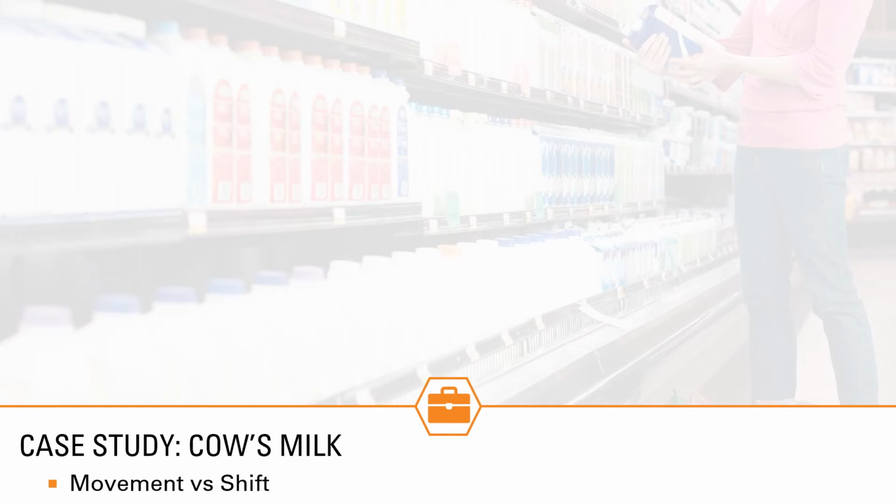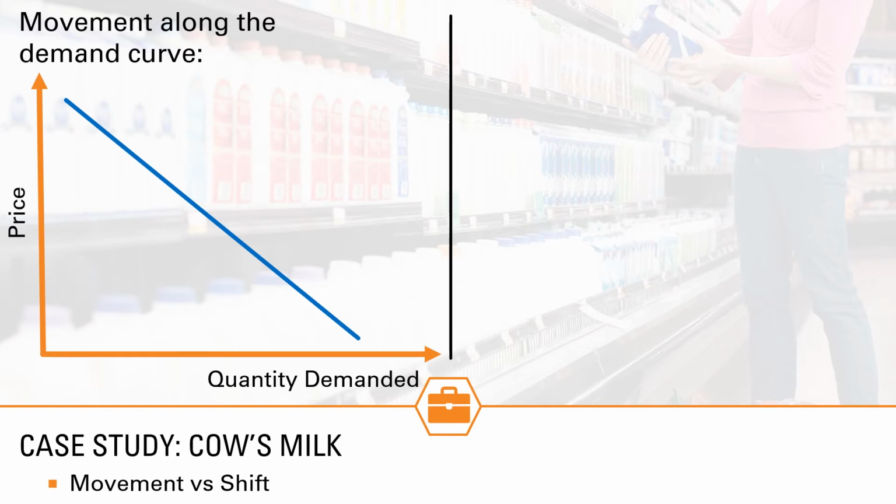So movement versus shift. Let's have a look at this. So movement along the demand curve. So again, demand curve, price, quantity demanded, is what happens when we change the price. So let's say the original price was here, this level here. So we got this quantity demanded, and we got this point X on the curve. Now, when we got a movement along the demand curve, that means that price changes.